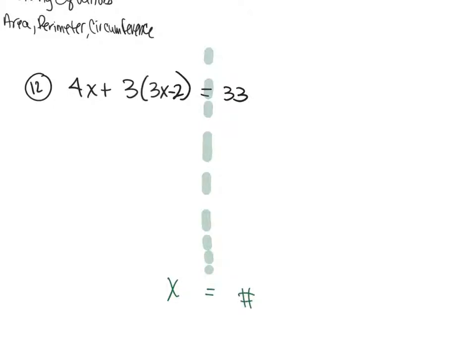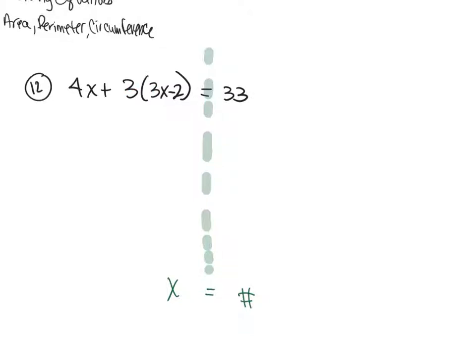And in order to do that, hopefully you remember that whenever there is a number in front of the parentheses, you've got to distribute. In this expression on the left-hand side, I'm not distributing the 4x, I'm distributing the 3 because the 3 is the one that's right in front of the parentheses.